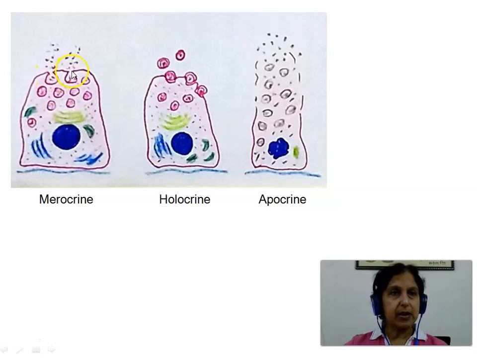There is disintegration of the cell wall of the vesicle as well as the cell wall of the luminal part of the cell, and the secretions are let out. This is neurocrine type of secretion. What we also see here is the apocrine type of secretion, where secretions are seen in the form of vesicles near the apical part of the cell. The entire apical portion of the cell disintegrates to let out the secretions.